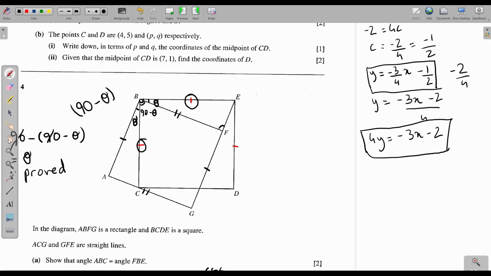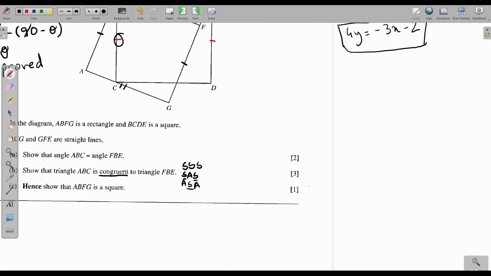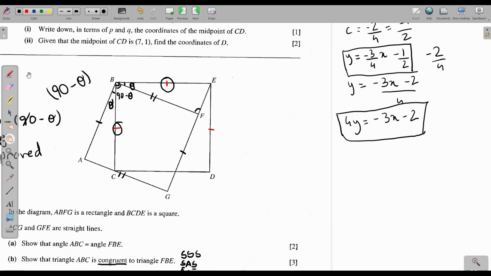Actually, probably what we can do also is show angle, side, angle. So the side in between two angles is going to be the same. And that one might be a little bit easier to show right now. So this side and this side are the same, and the two angles on the opposite side of that is now what we need to show.